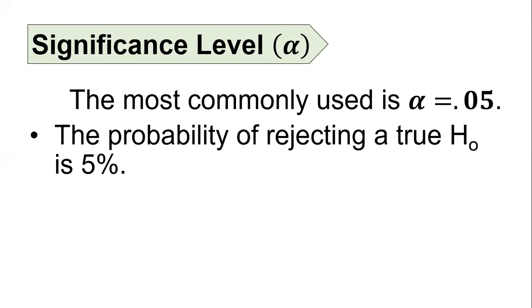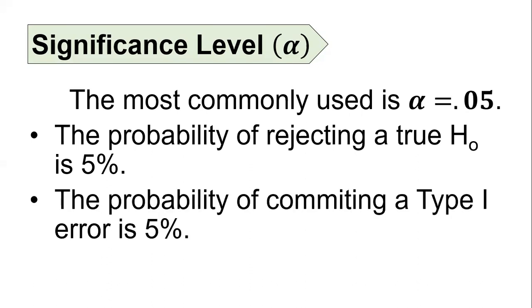Why 5%? Because this is a decimal. If you convert a decimal to percent, you multiply it by 100 and attach the percent sign, or simply move the decimal point 2 places to the right and attach the percent symbol. It could also mean that the probability of committing a type 1 error is 5%.